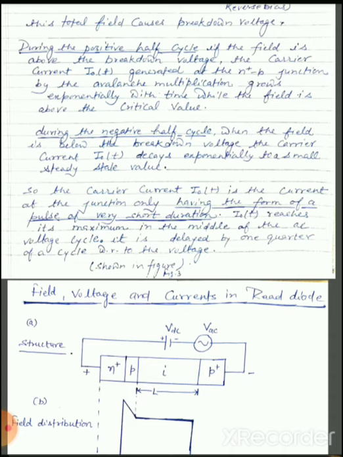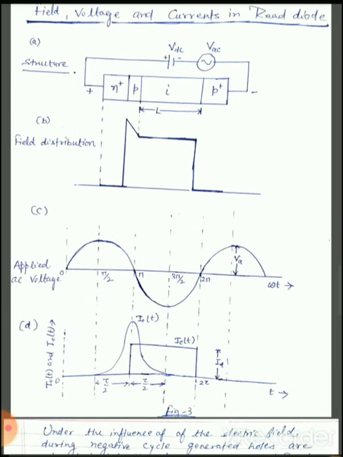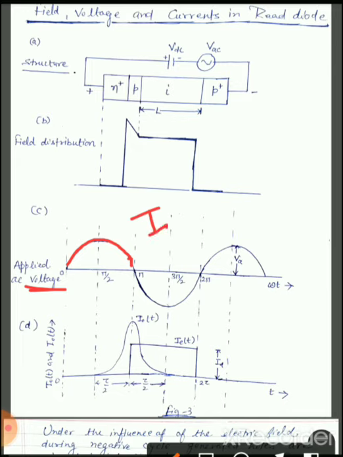During the positive half cycle of the applied AC voltage, this voltage supports the reverse bias, and if the field is above the breakdown voltage, breakdown occurs and the carrier current I0(t) is generated at the N+P junction.